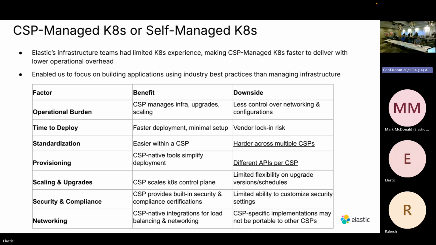Another key point for us was provisioning. How do we provision this Kubernetes cluster, right? When we think about a single CSP, every CSP makes it very simple to start because they have CSP native tools. But then you have to interact with multiple different CSPs because every CSP has a different API.